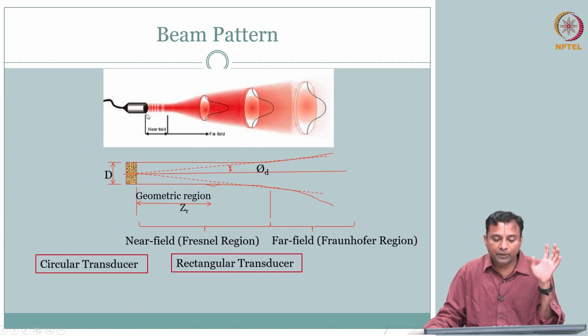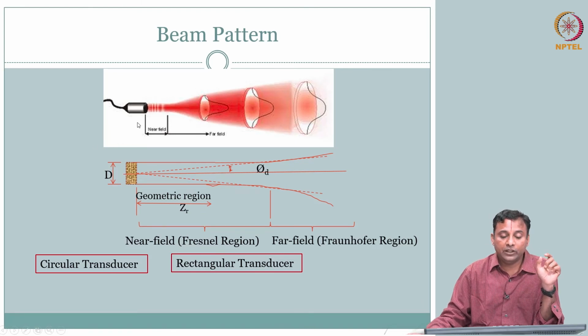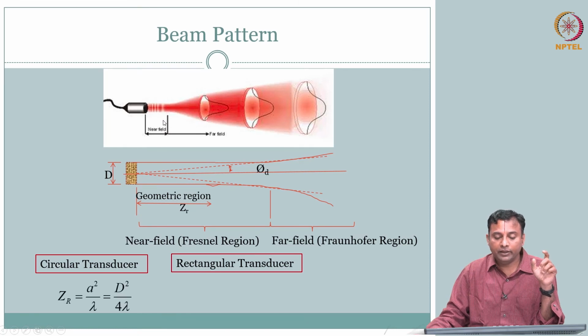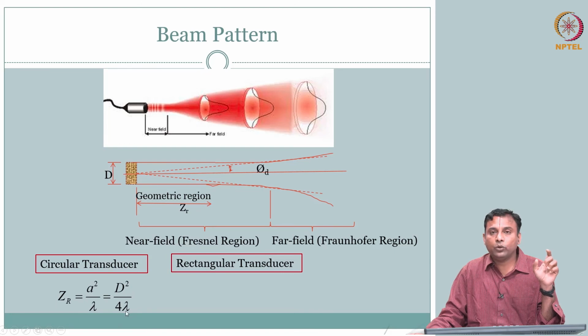It also depends on the shape of the crystal. The thickness controls the frequency, the shape controls your beam pattern. If it is a circular transducer, it turns out that you can retain this geometry, the geometric region, up to d square by 4 lambda, before the divergence kicks in, before the width is greater than your d.